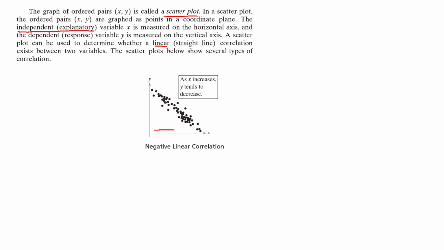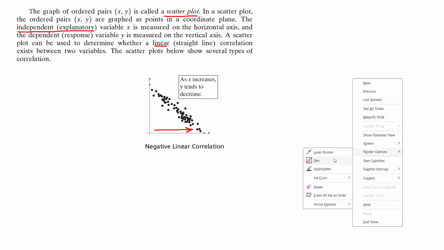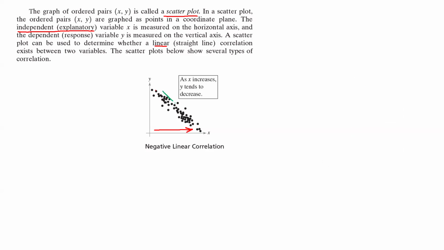So as you're going to the right on the horizontal axis, x increases in value. But take a look at y values. The y values start decreasing. So the regression line here is a decreasing line. The linear relation is decreasing.